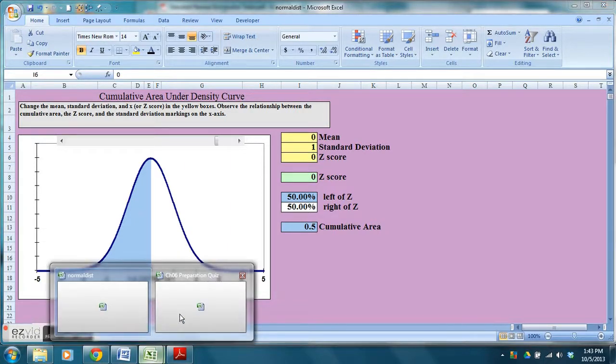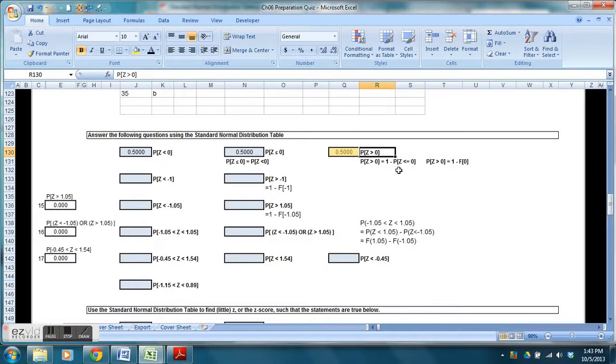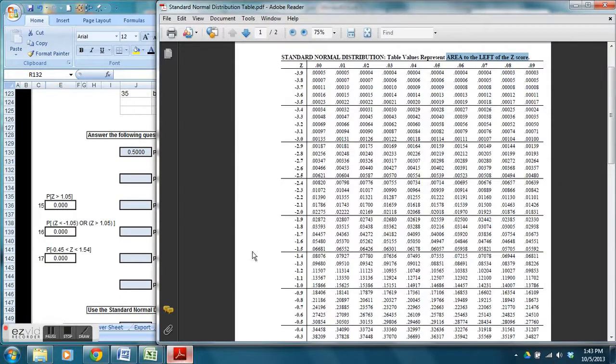So you have to get whatever probability you're looking for in terms of less than or equal to. The probability of z being greater than 0 is equal to 1 minus the probability that z is less than or equal to 0. Makes sense? Then we can find the probability that z is less than or equal to 0 on the table. That's the process.